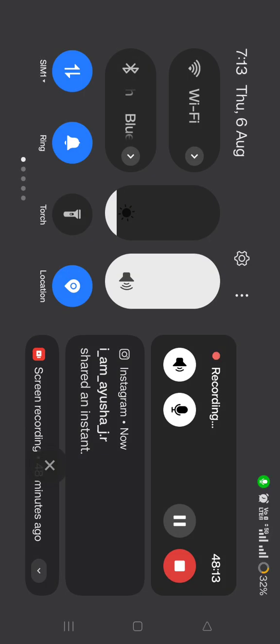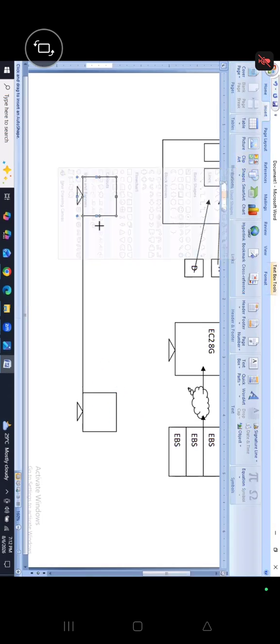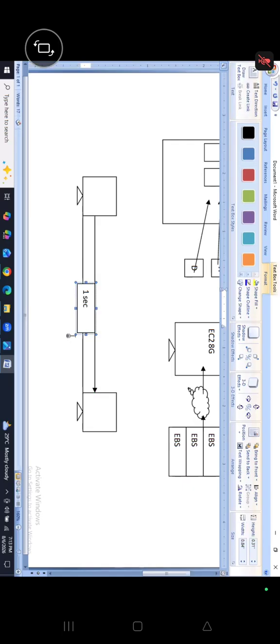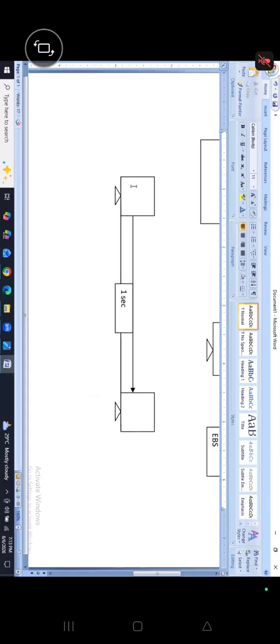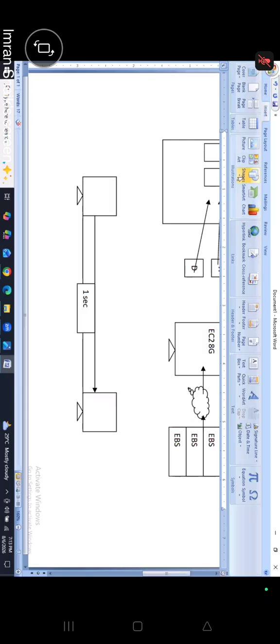Low latency means, for example, we have two different machines in one network, okay? Now machine 1 tries to send a request to machine 2. The request travels through the network, assume this takes 1 second. The request reaches the destination in 1 second, and then it provides the response.